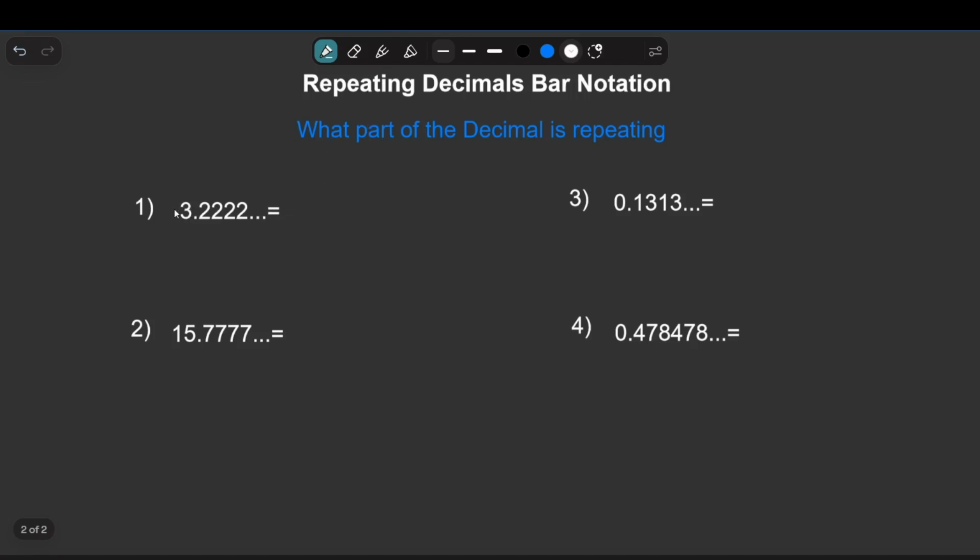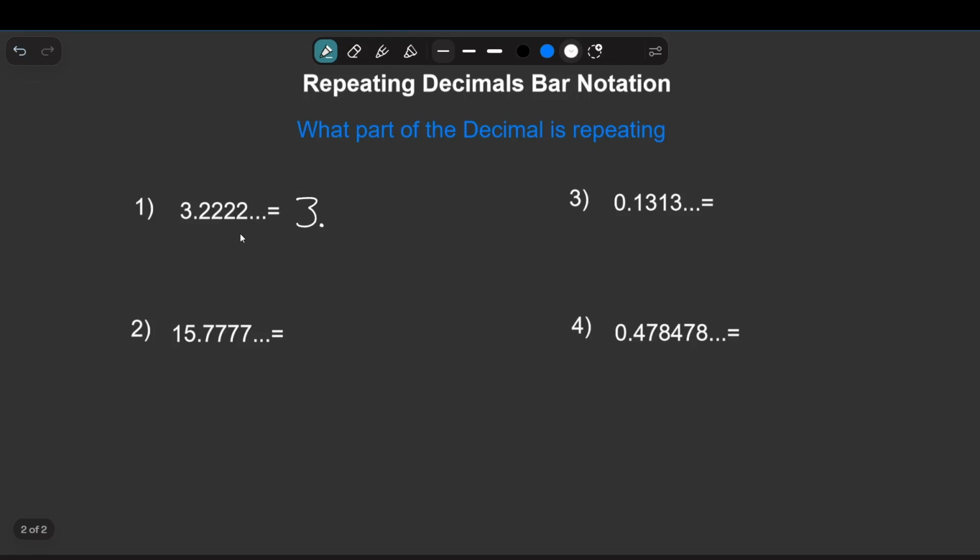So first of all, of course, we have the whole number. The whole number doesn't change a bit, so we just write the whole number as it is. After the whole number, we put down the decimal, of course, and we look at what the repeating digits are. So our repeating digit is 2.